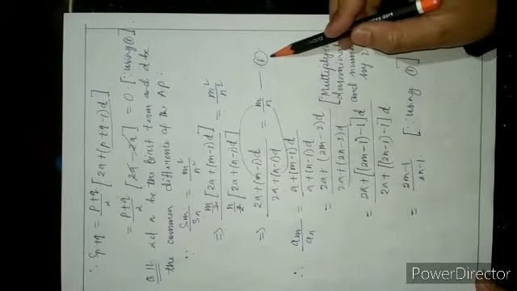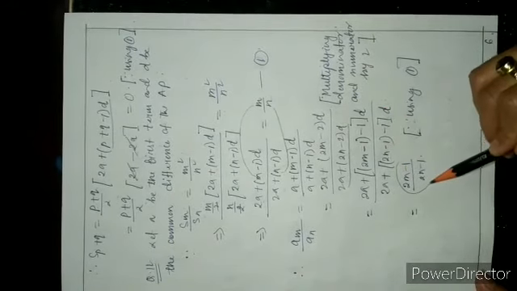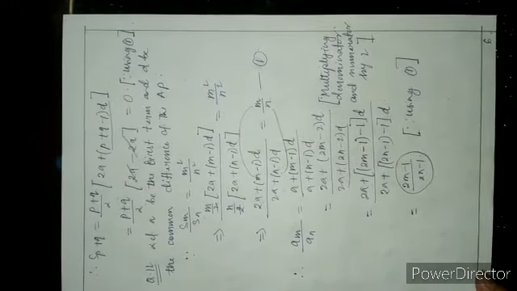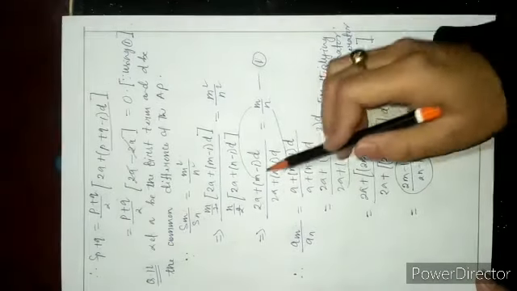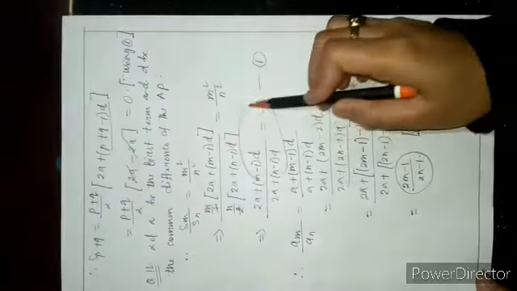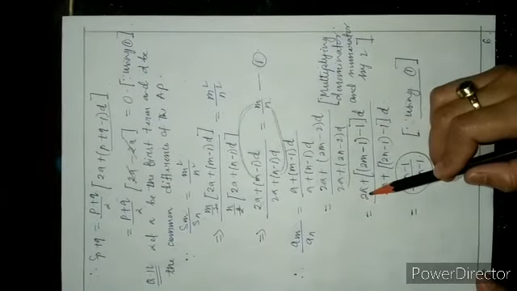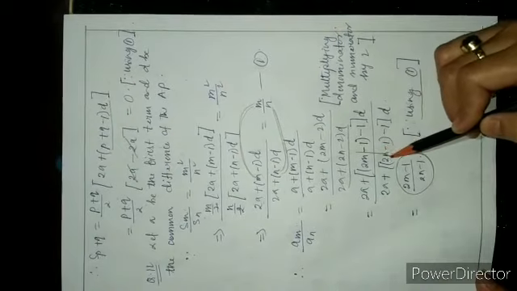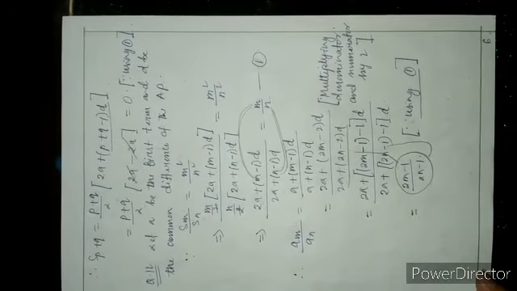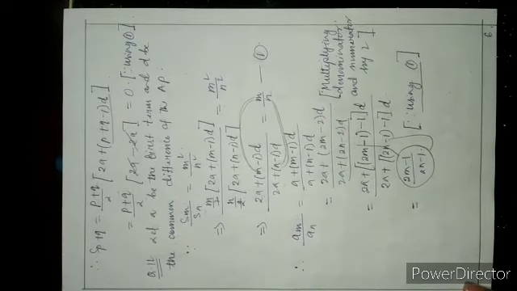By using equation number 1, this expression can be expressed as 2 times of m minus 1 divided by 2 times of n minus 1. For today, let's end here.